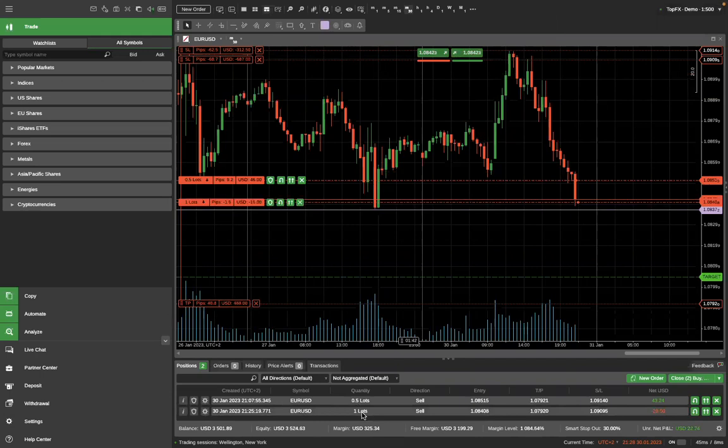For example, right now a partial position of one lot would be closed. So instead of 0.5 lot in one position and one lot in the second position, if the smart stop out were triggered, I would have 0.5 lot in one position and 0.9 lot in the second position. So one mini lot would be closed. Why from this level? Because it's lower.